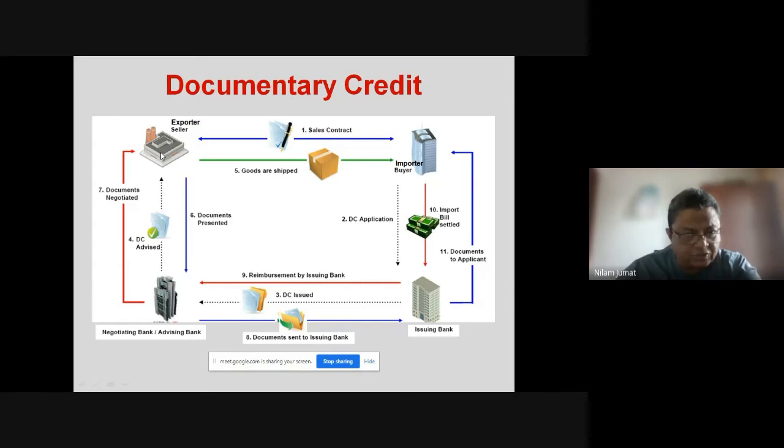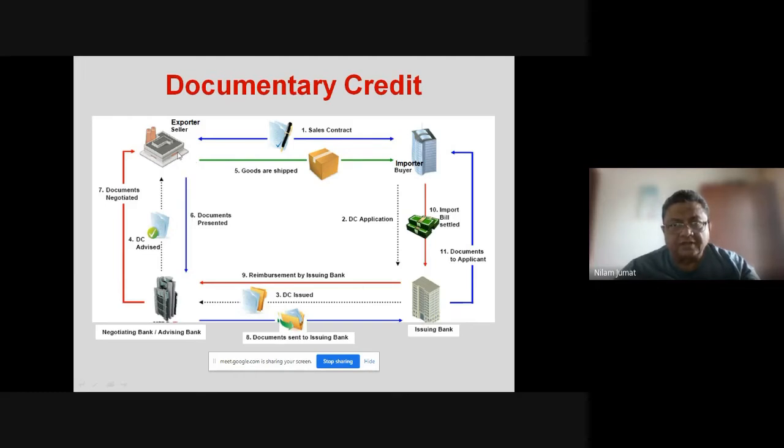Once they send that message to him and he has received it, that message is the original instruction by the issuing bank.